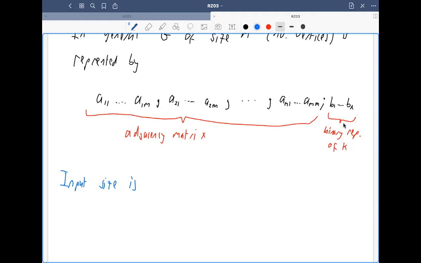So for example, 10 in binary, which is 2, requires 2 bits and log 2 of 2 is 1. So you need to add 1. So the input size in this case is m squared plus m plus the floor of the binary log of K, plus 1.